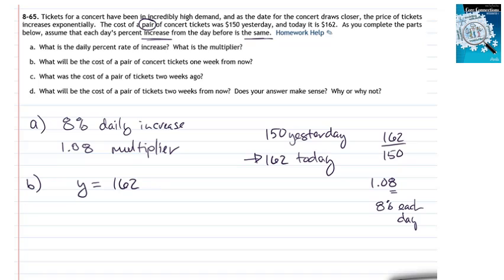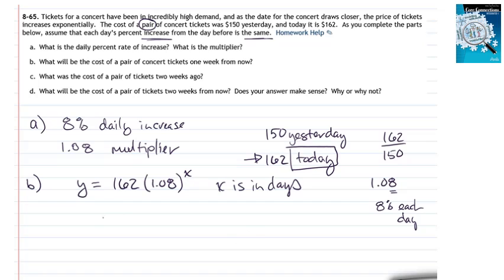That's where I'm starting at today, times my multiplier 1.08 raised to the x power. Now I got to be careful. X is in days. It's not weeks, it's in days. So it says, what will be the cost of a pair of tickets 1 week from now? That means in 7 days.